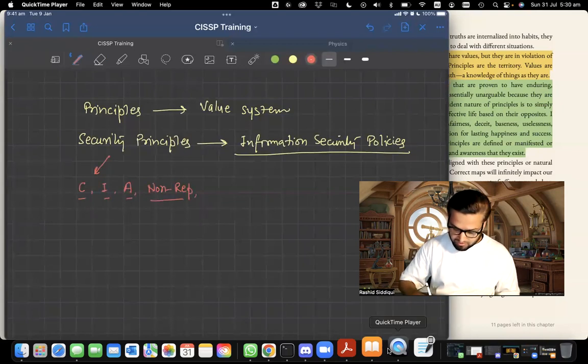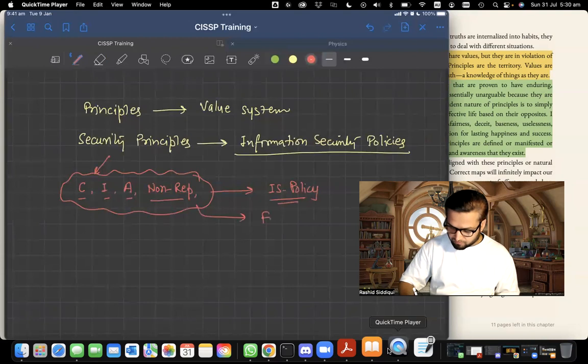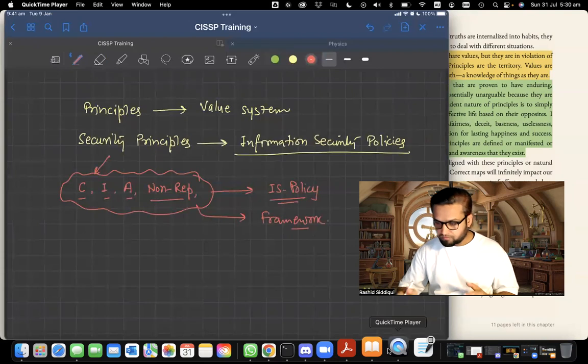And based on these security principles, we derive the information security policy, and the frameworks as well. The security framework also has these security principles as a basic guideline, right?